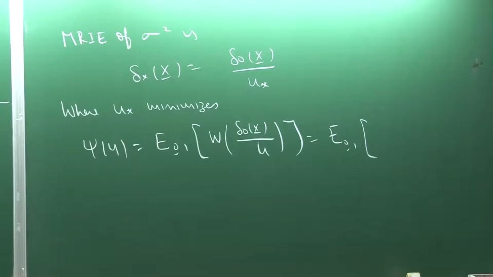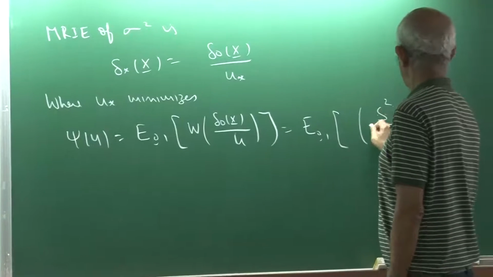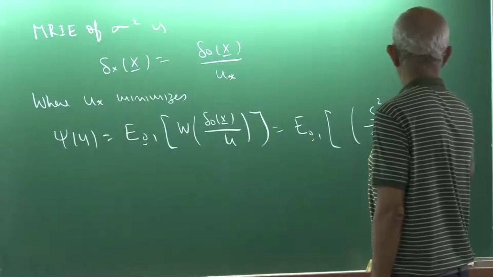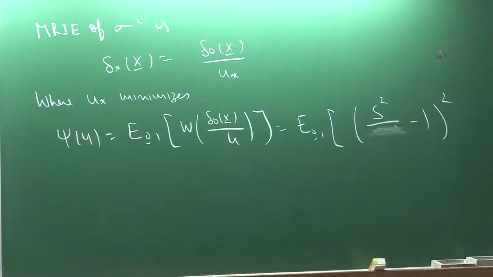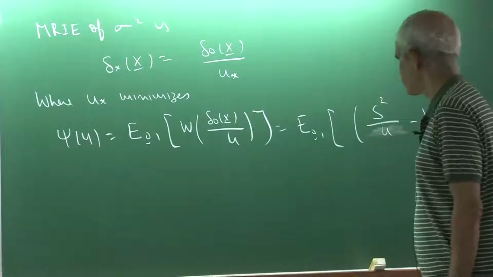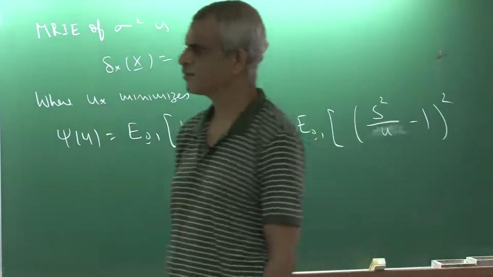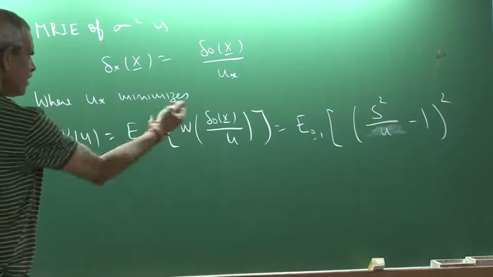Delta naught x is nothing but s square, and sigma square is 1 because it is E0,1. So delta naught x is s square divided by u, minus 1, whole square. In fact, you have seen this.